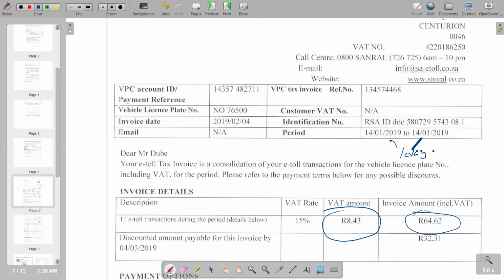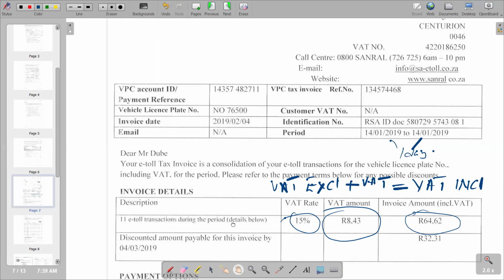Remember, the formula that we get is our VAT exclusive plus the VAT amount will give you the VAT inclusive. So what we are saying is VAT exclusive plus VAT amount will give you the VAT inclusive amount. So obviously, to get your VAT amount, we should say percentage, which is 15%, times the VAT exclusive. That's how you get your 8 Rand 43.